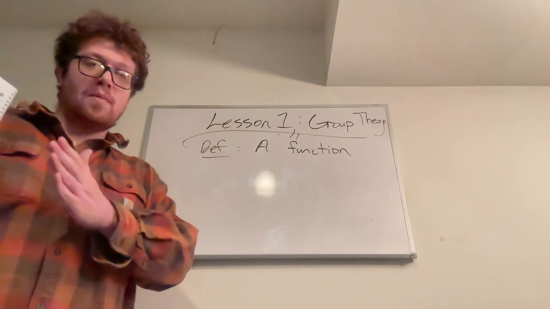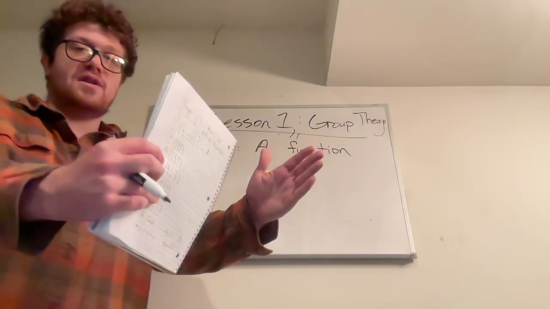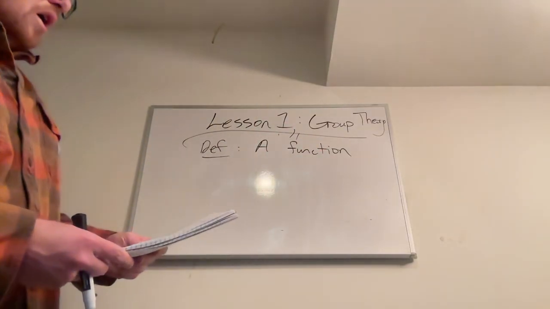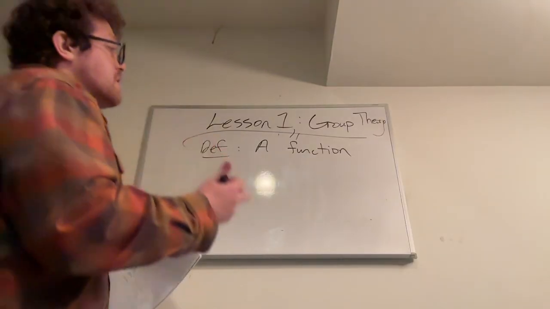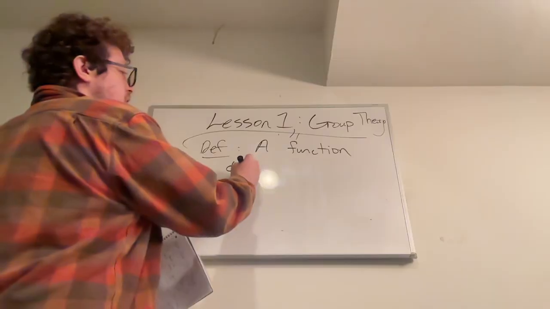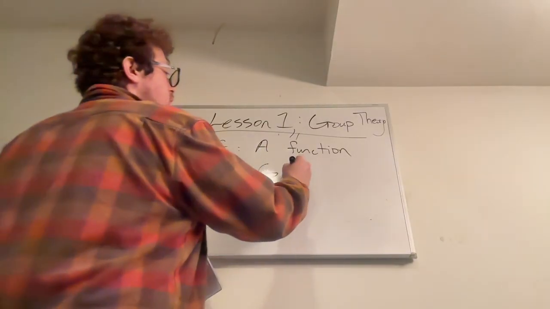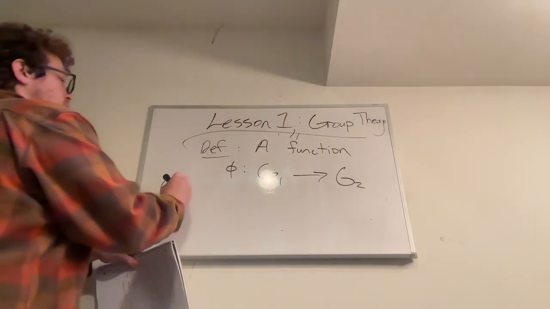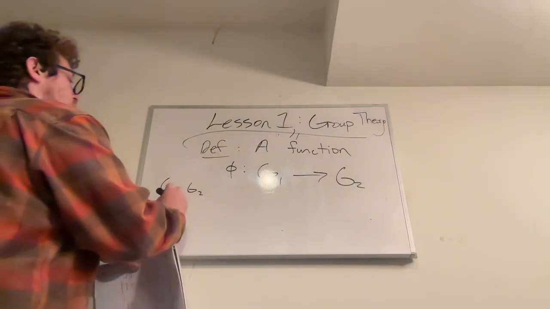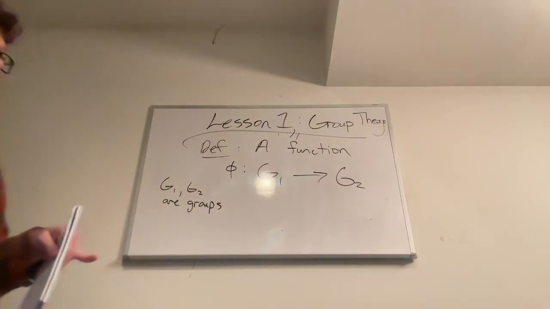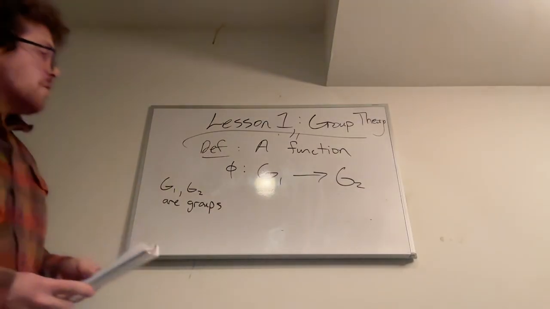So you have a group on one side, you're transforming it into another group, which is of the same type. So a function, say phi from G1 to G2, where G1 and G2 are groups, is a homomorphism.